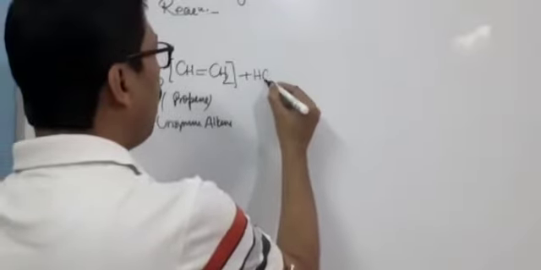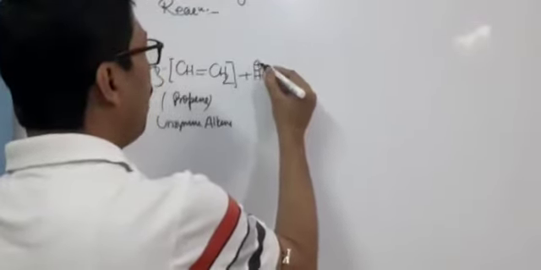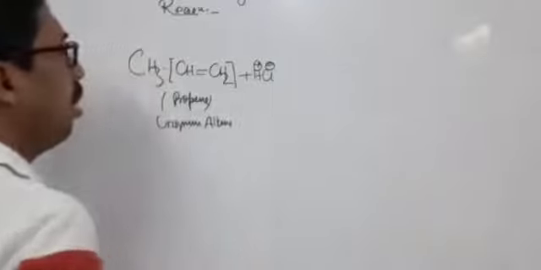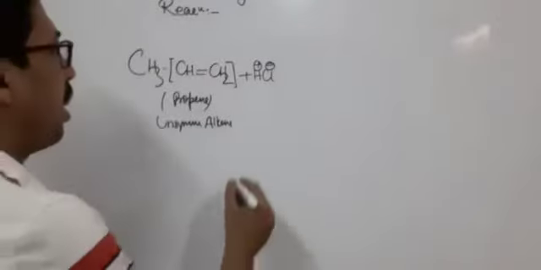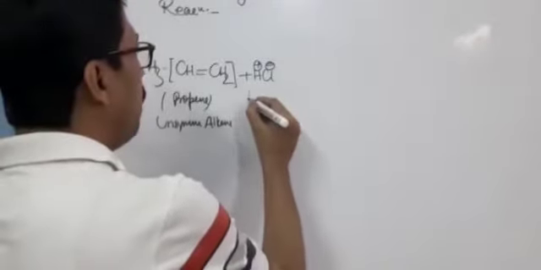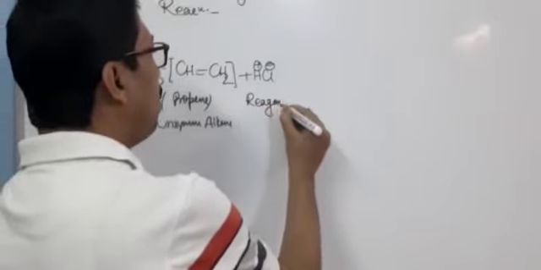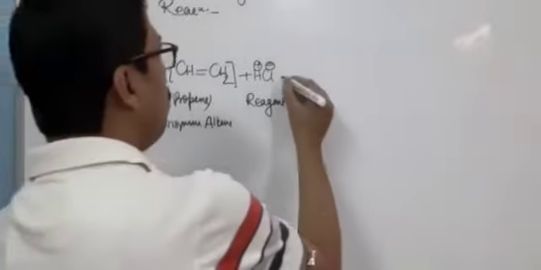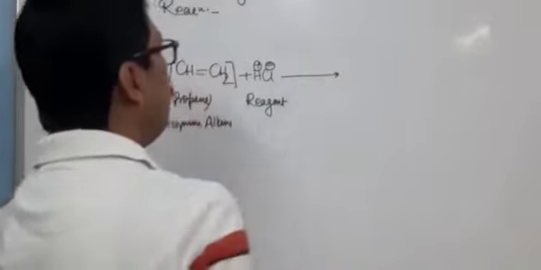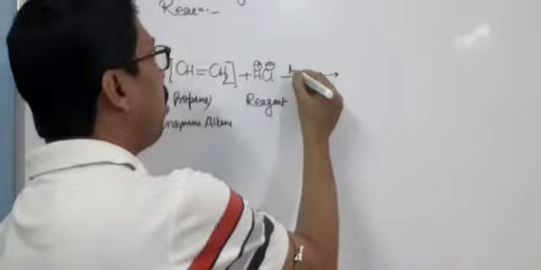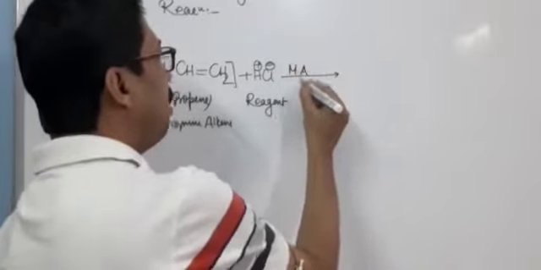reacts with HCl, H carries the positive part and Cl carries the negative charge. So it is a reagent, and this reagent is also unsymmetrical. During this reaction, a law is applied over here, that is Markovnikov's addition.